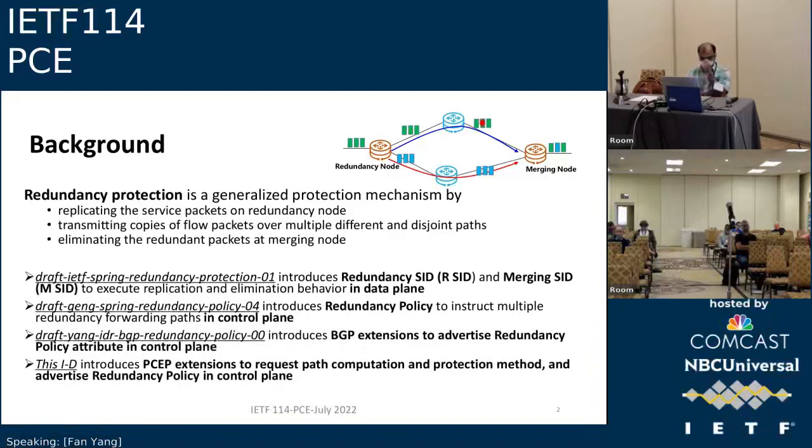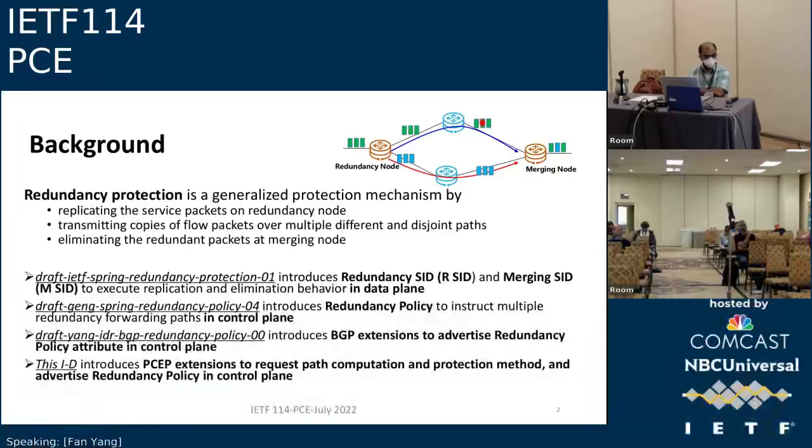Overall, we currently have four drafts that introduce this redundancy protection mechanism. The first draft introduced the redundancy SID, redundancy segment and merging segment in the data plane to specify the behavior of the replication and elimination.